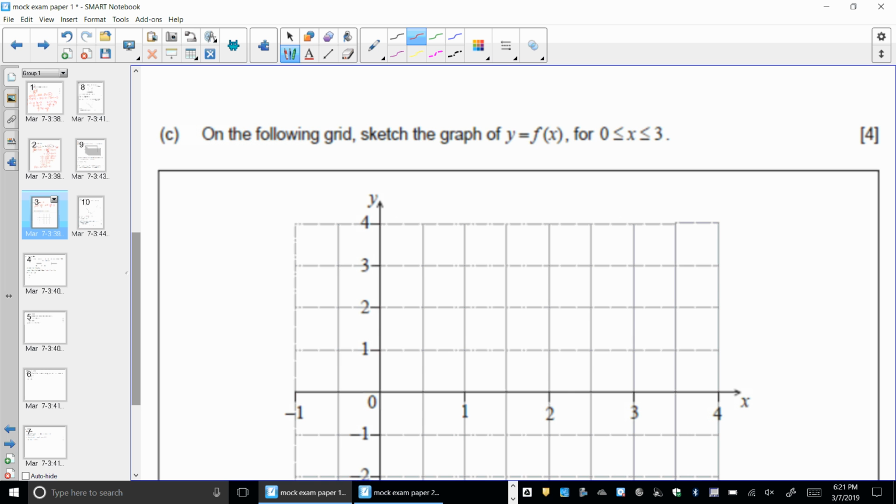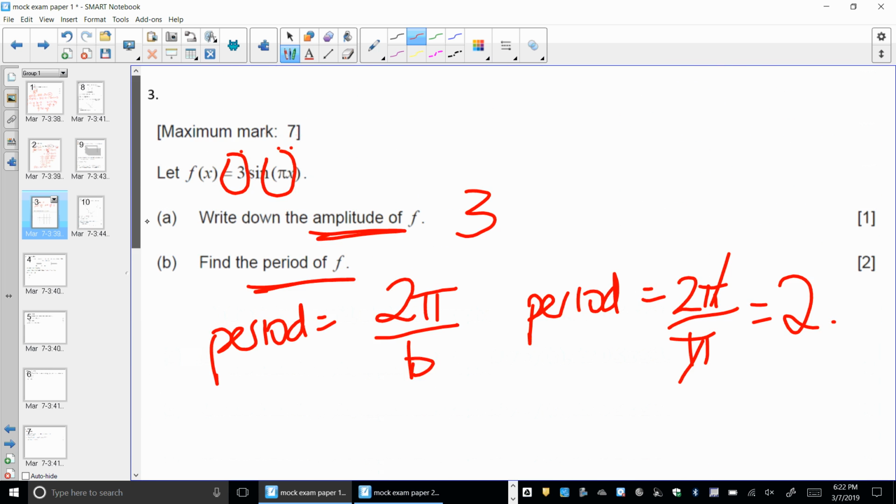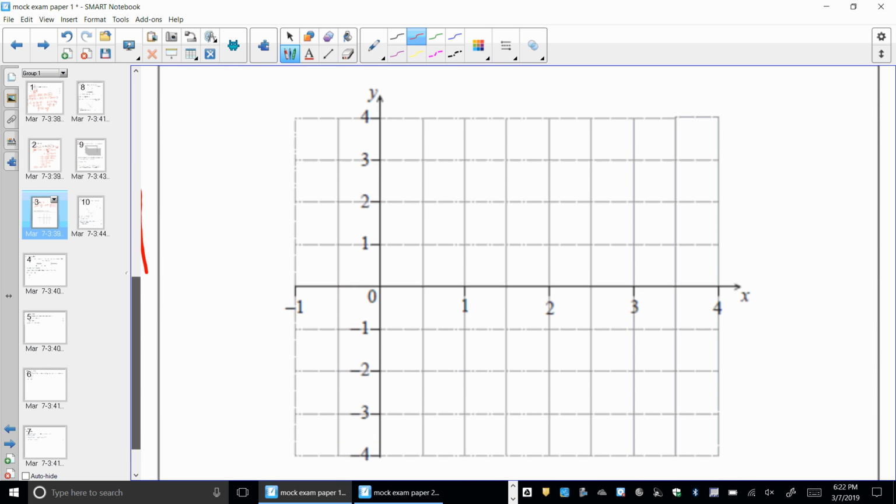If we're going to sketch this graph, we know it's a sine, so it starts at 0, 0. We know it goes up to 3 and down to minus 3, and takes 2 units to do a full cycle. So I'm going to take my 2 units as a full cycle and cut that into 4 pieces, which is what we're used to doing. I know I start at 0, 0.